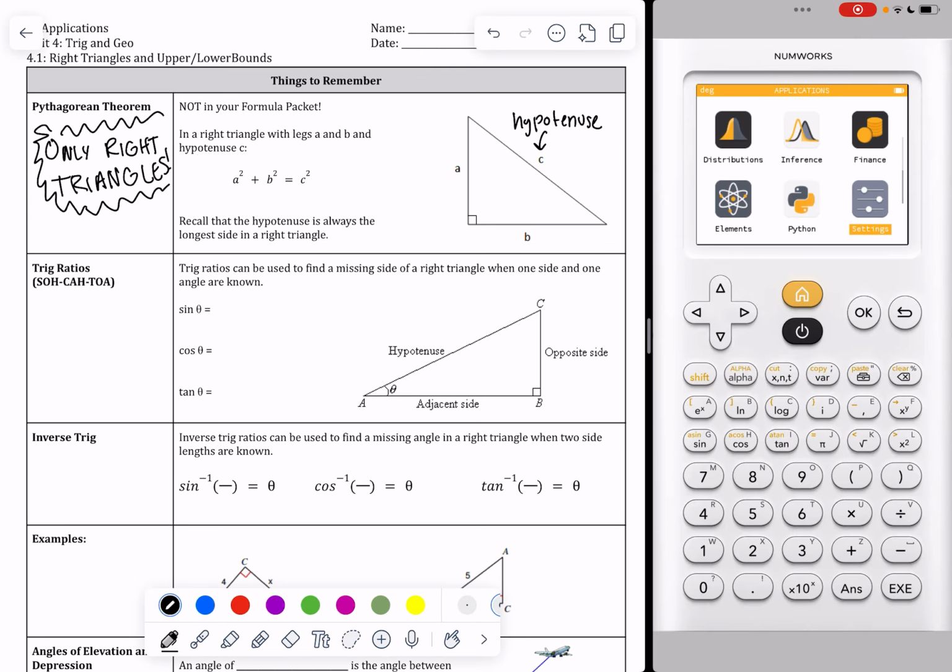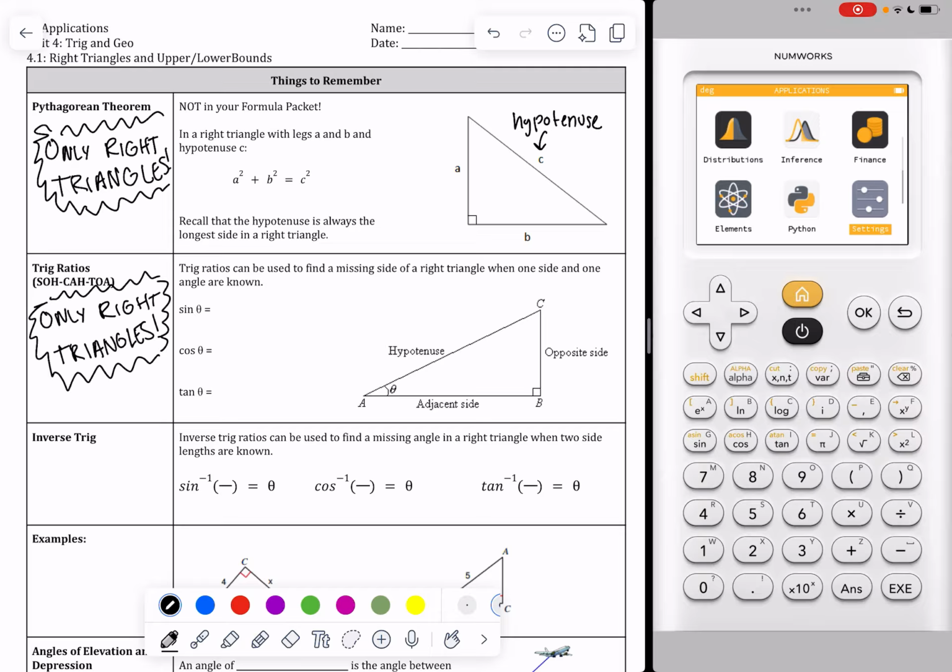Something else that is also only true for right triangles is SOHCAHTOA, so that is also only right triangles. And this is what will help us find missing sides, or we'll use the inverse ones to find missing angles.